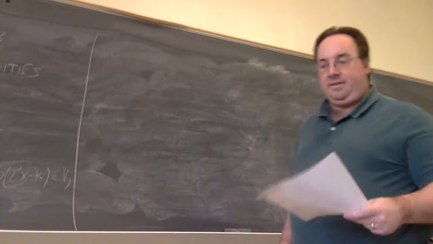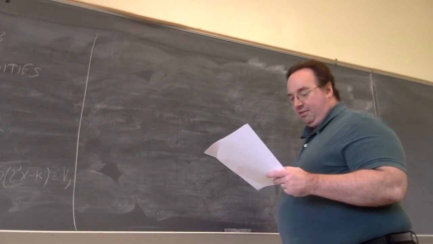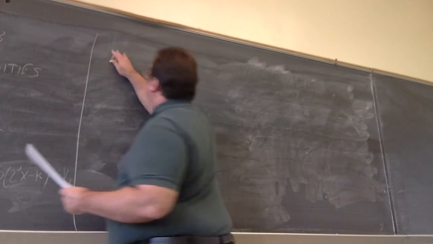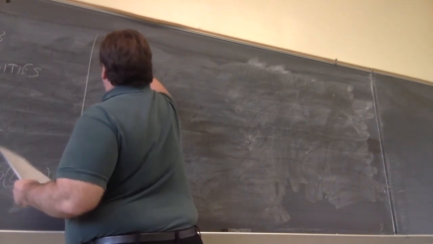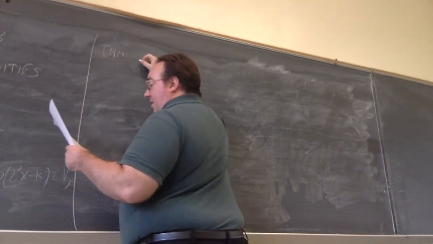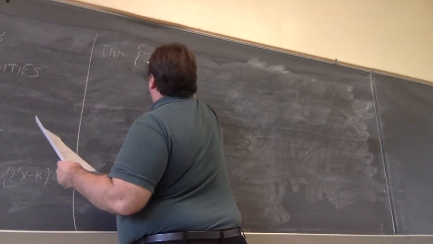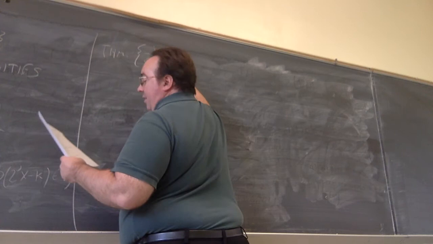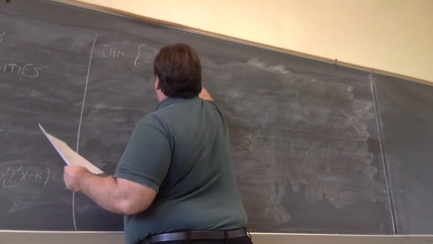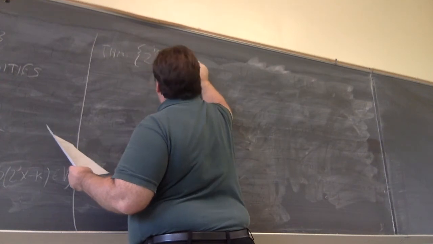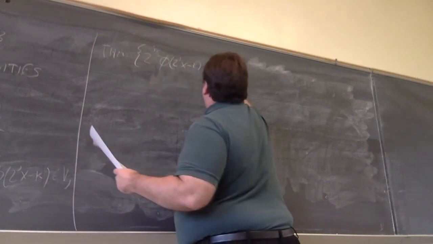All right, so the theorem I'll prove is that this set, where I take scaling factor 2 to the j over 2, times phi of 2 to the j x minus k, where k is an integer.